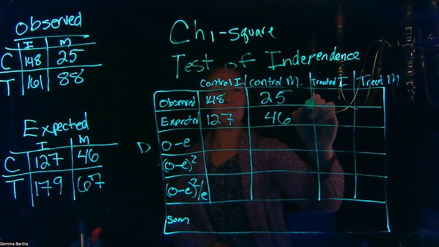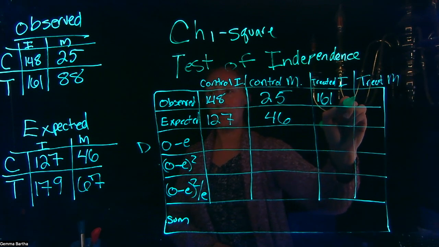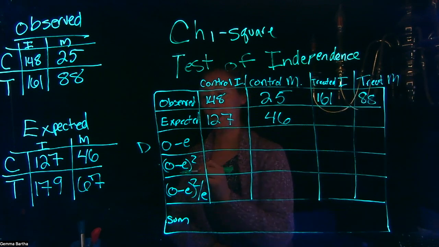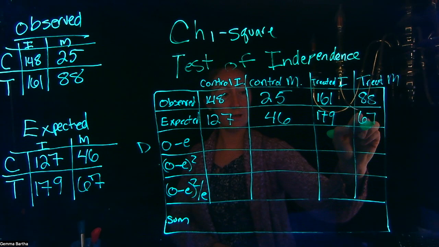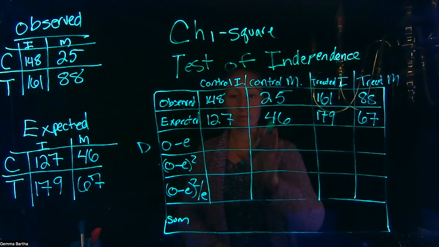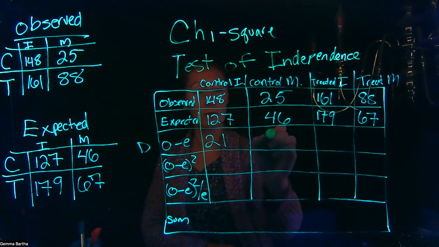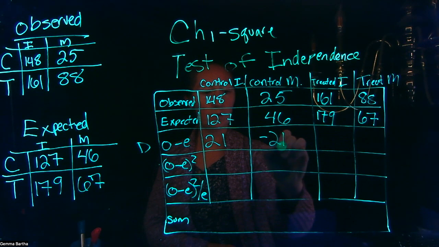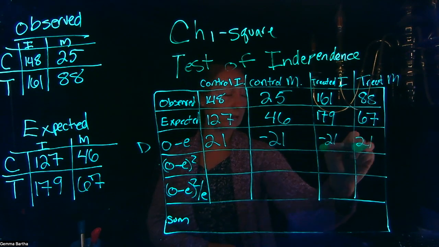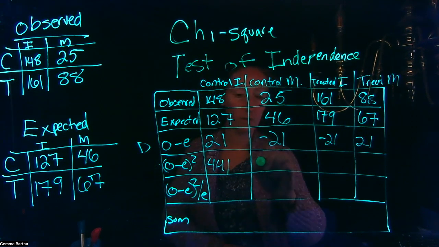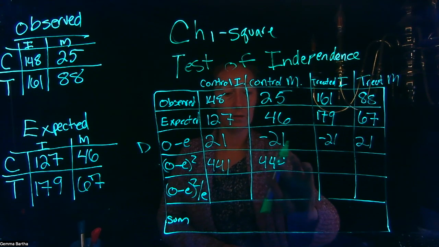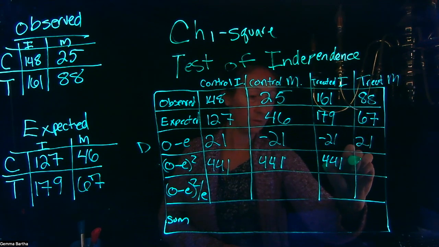Our treated was 161 and 88, and our treated expected was 179 and 67. Once you do all the math out here, this is going to give you 21, negative 21, negative 21, 21, and then 441, 441, 441.